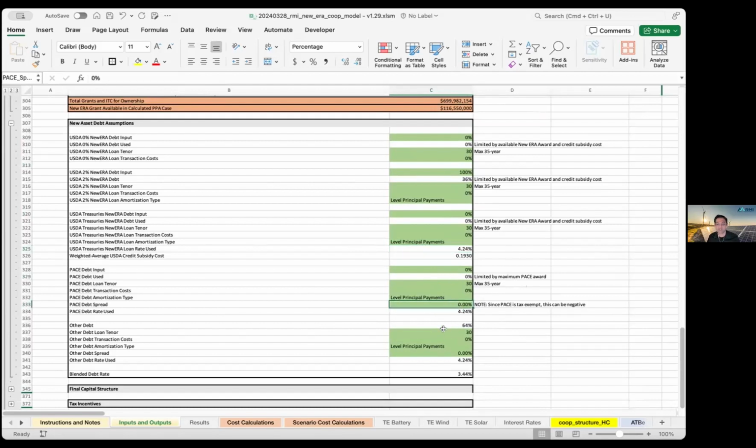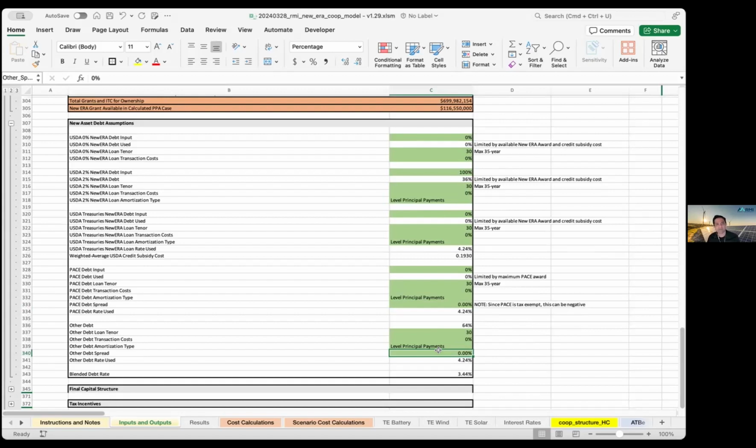And you can put in a spread, a positive or negative spread above that. Now, similarly, for any other debt that you can get, you can model this as debt from CoBank or CFC, or debt that you issue in some other way, or debt that you get from a different USDA window, by just putting in what that spread needs to be.